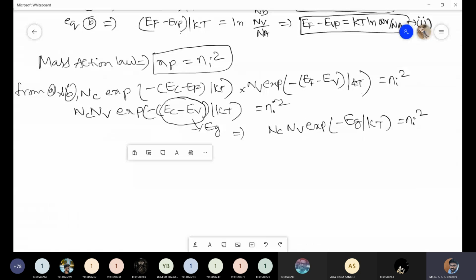From this, we'll get EG equal to KT log n of NC NV by n_i squared. I'm simply taking these terms to the right hand side, interchanging the terms and taking the logarithm on both sides.